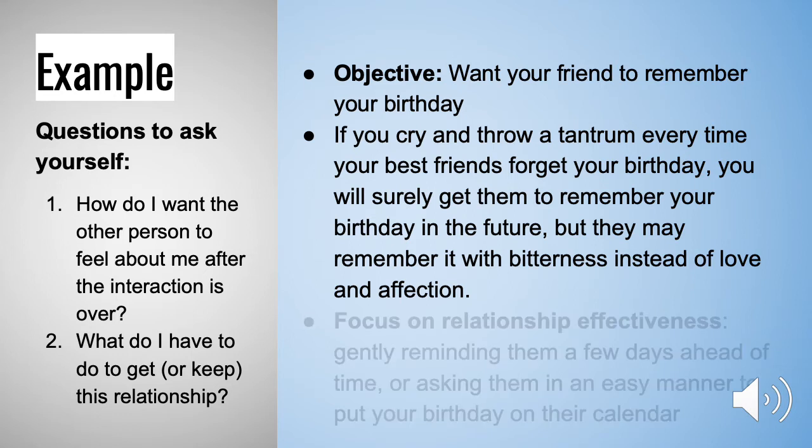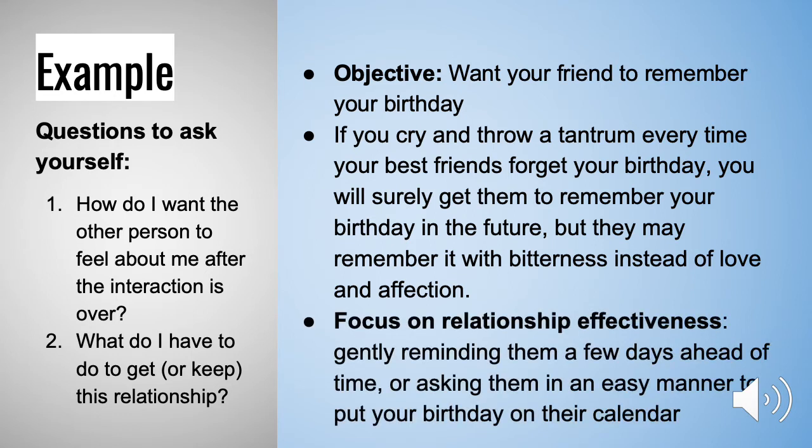Whereas relationship effectiveness focuses on a different how we can achieve that objective. So this could be gently reminding them a few days ahead of time, like, hey, my birthday's coming up in a few days, or asking them in an easy manner to put your birthday on the calendar.